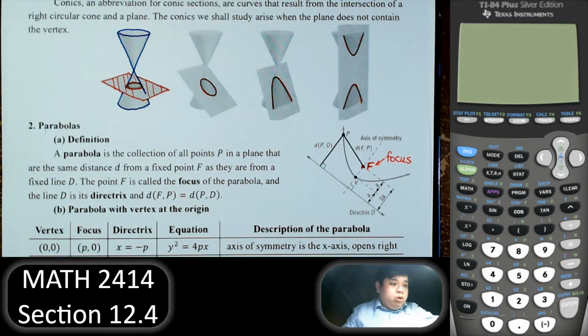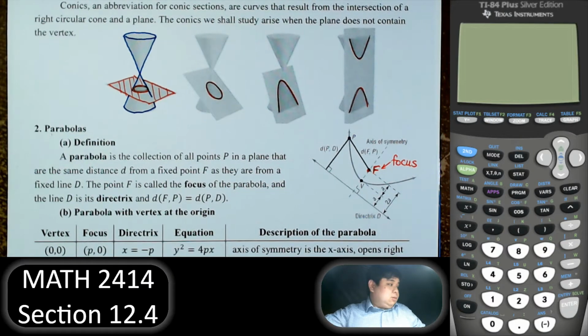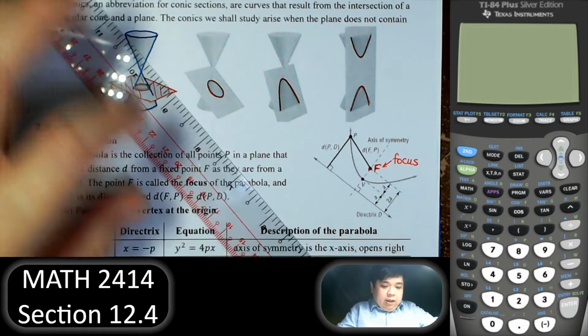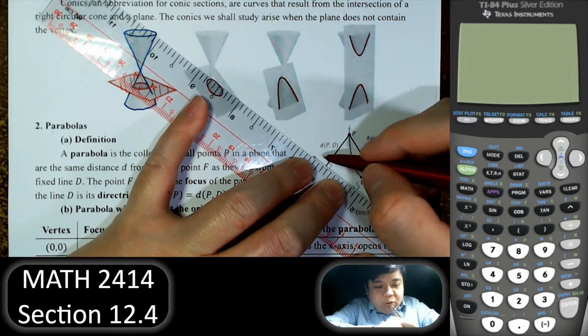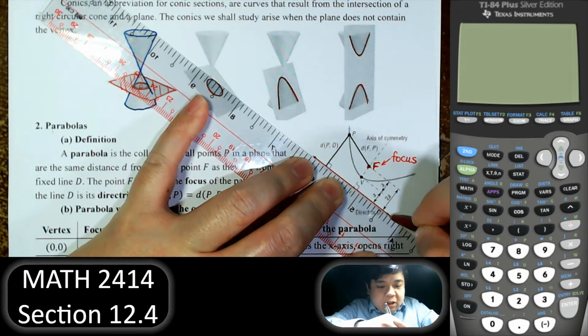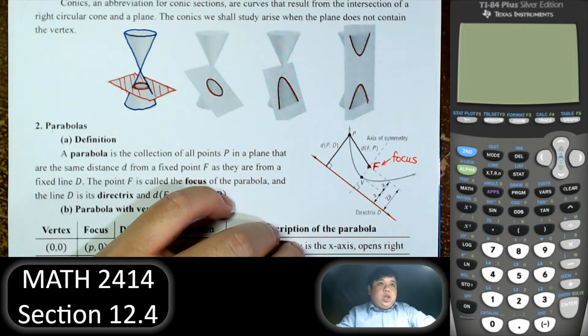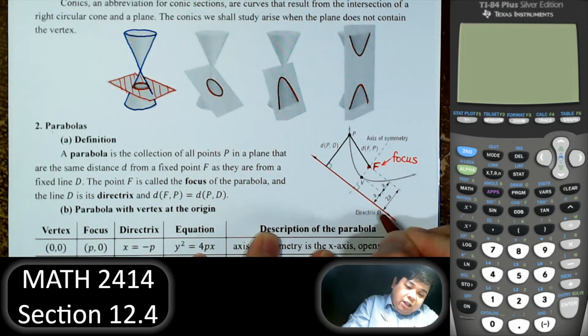So we have a fixed point and a line that is also fixed. Those two things are given, and this is called the directrix D.